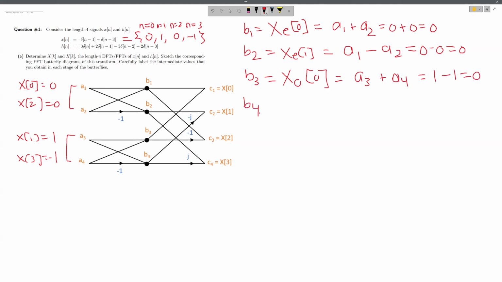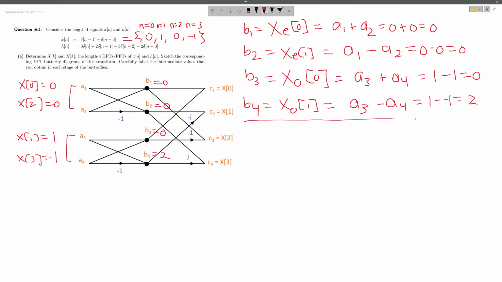And B4, this is what I call the x odd of 1, and that's going to be A3 minus A4. And that's going to be 1 minus -1 equals 2. So you're starting to fill out this diagram. This is 0, this is 0, this is 0, this one is 2.